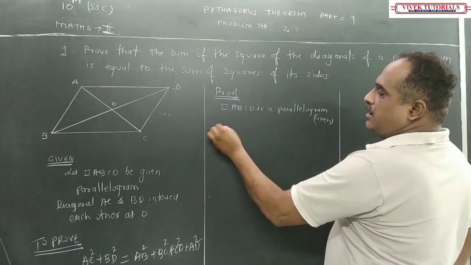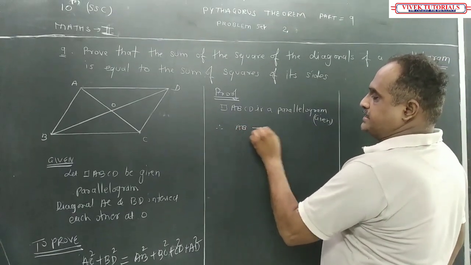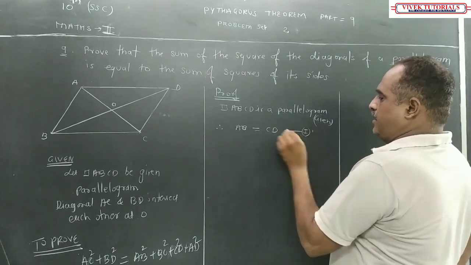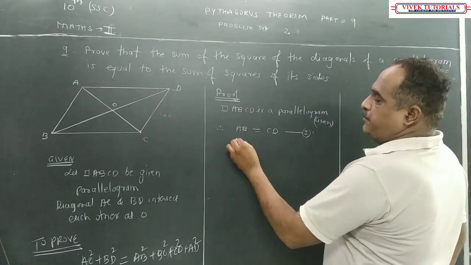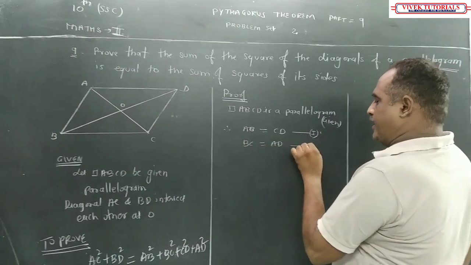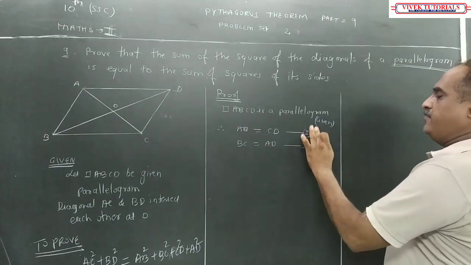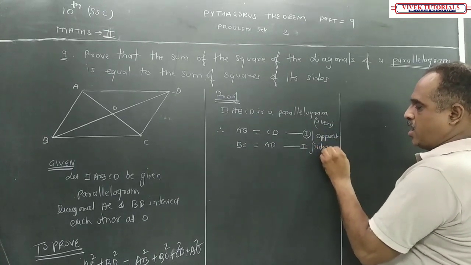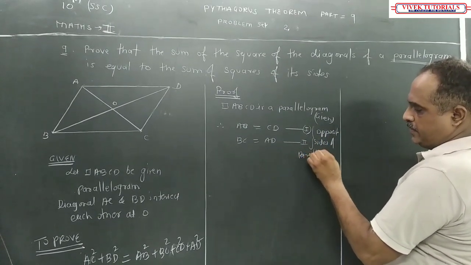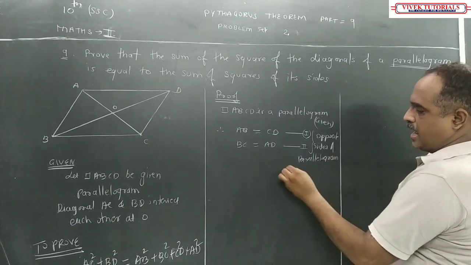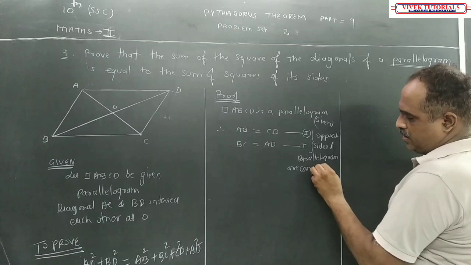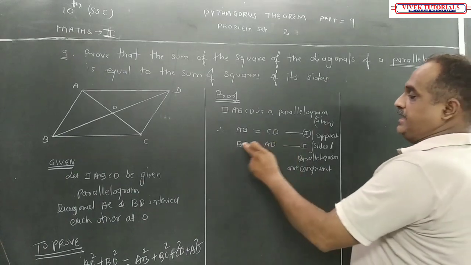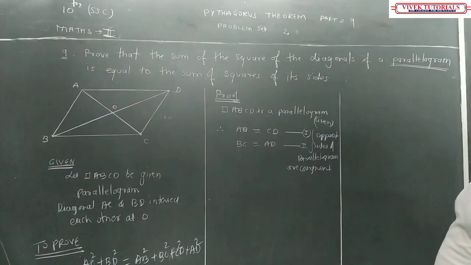Therefore, I can write that AB is equal to CD, equation 1, and BC is equal to AD, equation 2. Here we are going to write the reason: opposite sides of parallelogram are congruent. AB is equal to CD and BC is equal to AD.